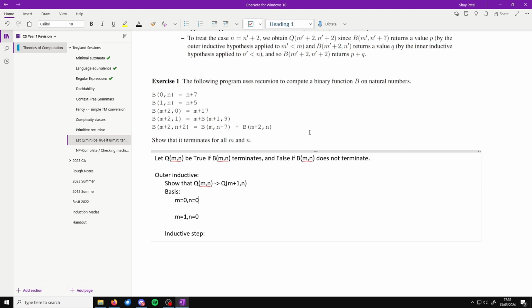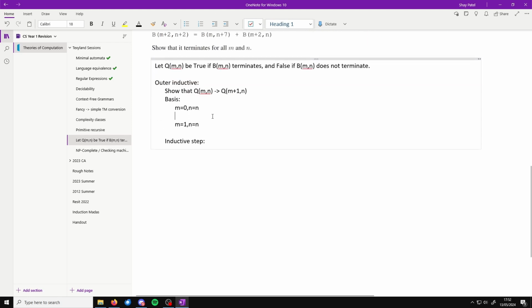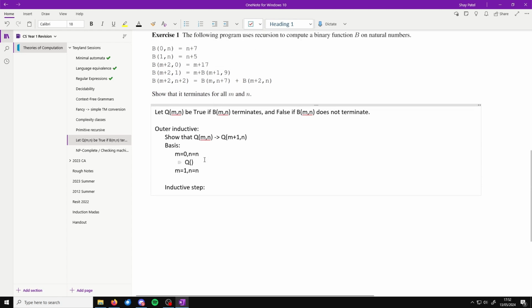How I'd go about doing it is probably saying n equals n, like this. Okay, so let's say we had something like this, and then we know that this terminates. Because they all terminate. Okay, so those are base cases in the algorithm.